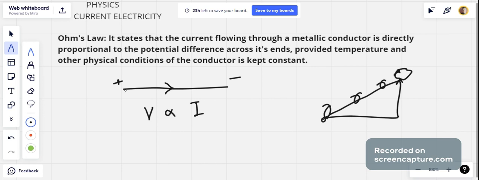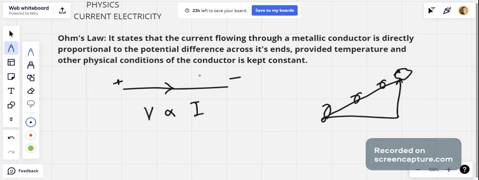Ohm's law is now saying, given a metallic conductor, that the current on it is directly proportional to the potential difference V, provided that the temperature of the conductor and other physical factors are kept constant. Temperature affects the resistance of a conductor or a wire.